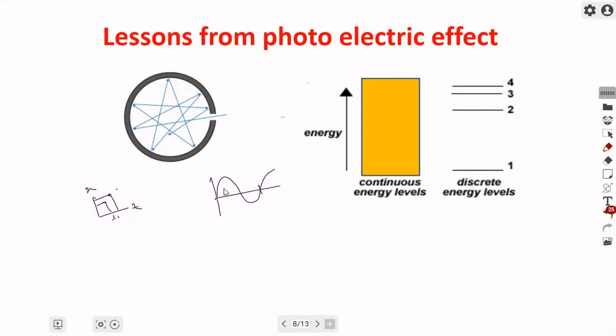If someone asks what is the position of the wave, it has no definite position. Can we tell its exact position? No. It is spread over this region. If this is 0 and this is x, the whole length is its position. So the position of a wave cannot be determined. We have to always tell it by its range or by its wavelength.